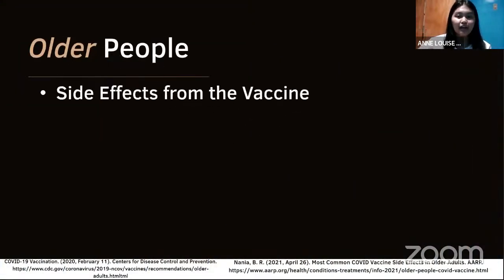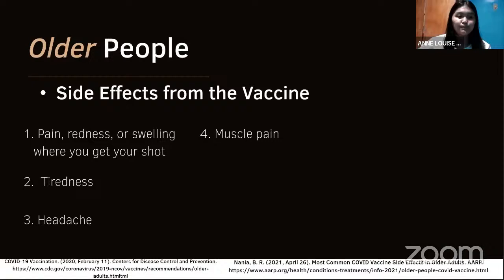So, the side effects of mRNA vaccines to older people. First is pain, redness, and swelling where you get your shot. Second, tiredness. Third, headache. Fourth, muscle pain. Fifth, chills and fever. And sixth, nausea.